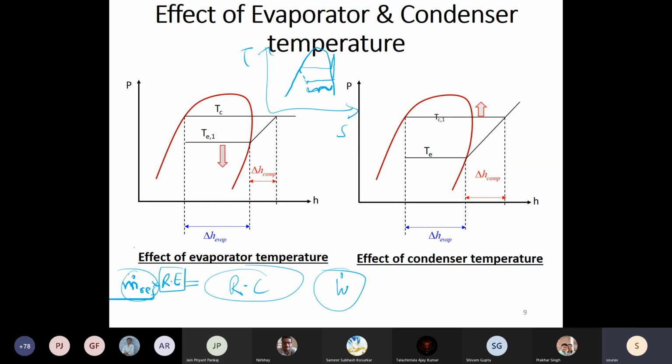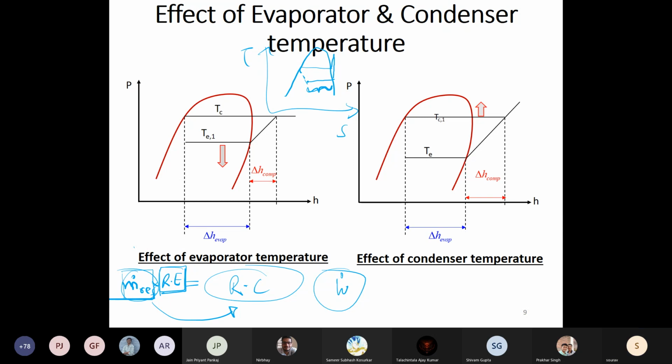And it is the multiplication of this m dot ref and refrigeration effect which will give us the refrigeration capacity. Because we don't care when we are operating our AC what the thermodynamic cycle is. If you are using R22, if you're using R32, you will have different enthalpy changes across the evaporator.